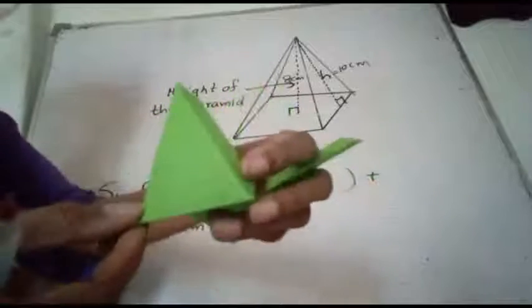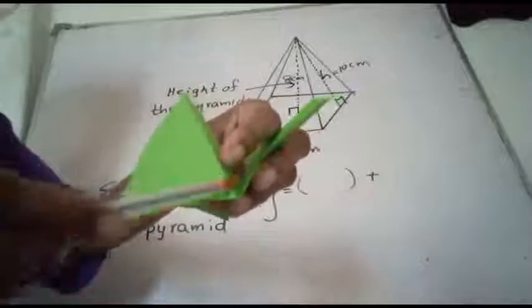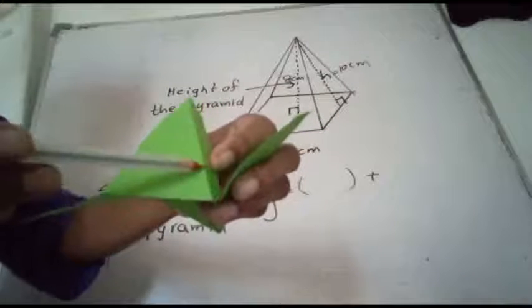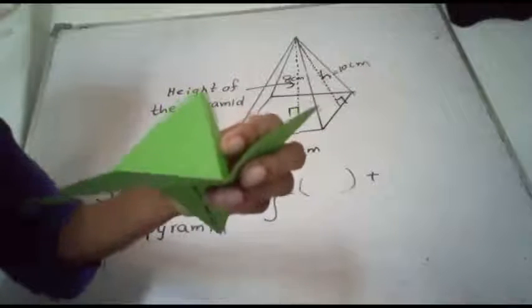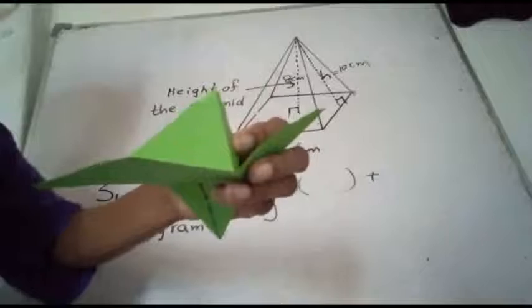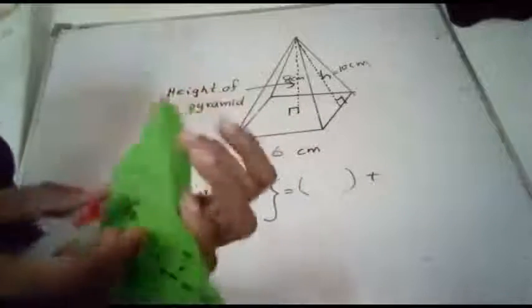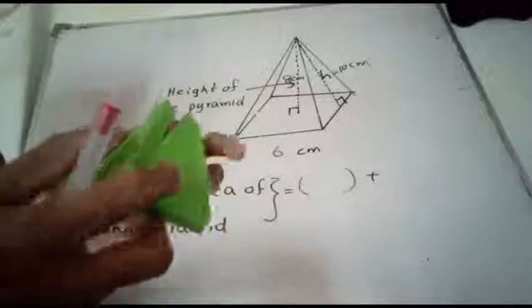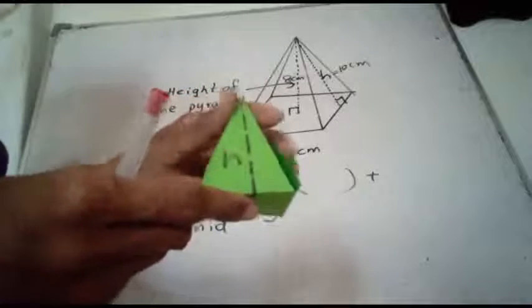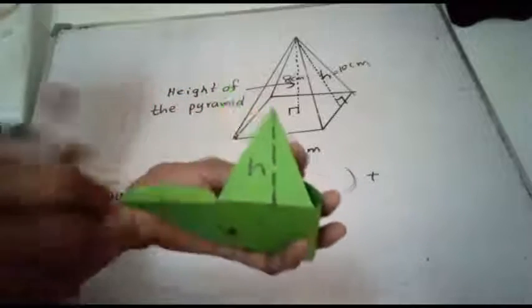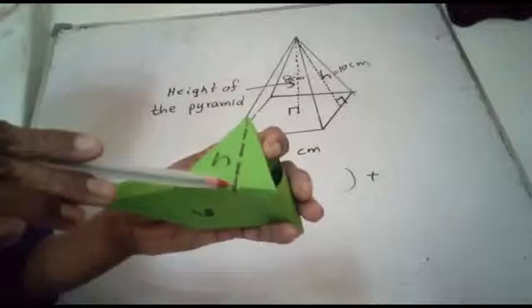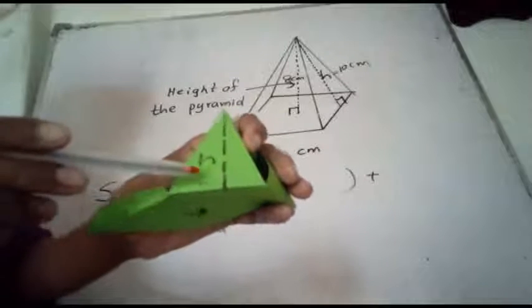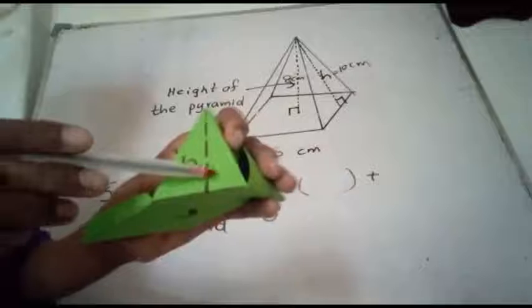When only these 2 sides are equal in length, the magnitude of these 2 angles are equal. This is the perpendicular height of this triangular face. The angle between this perpendicular height and this side is a right angle.